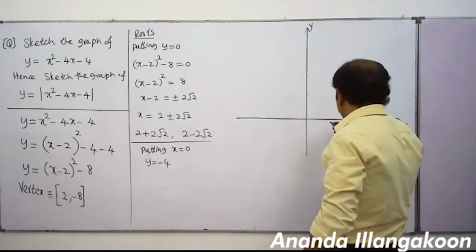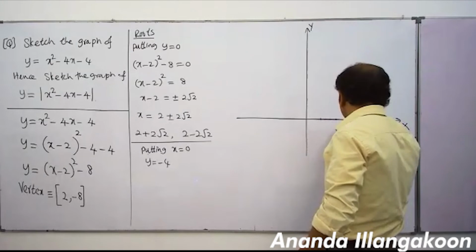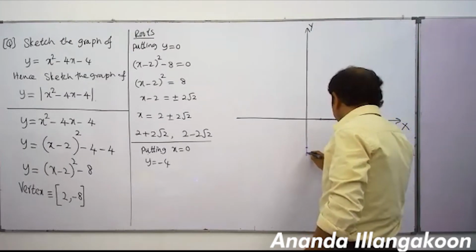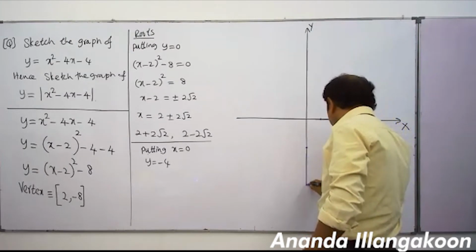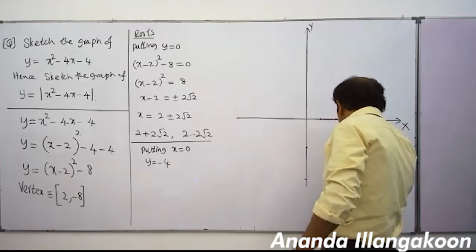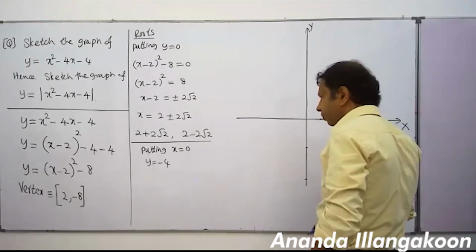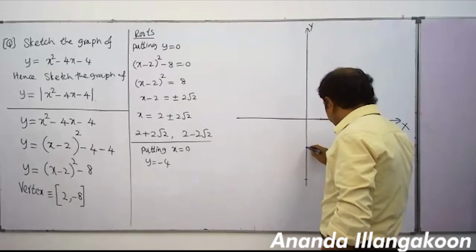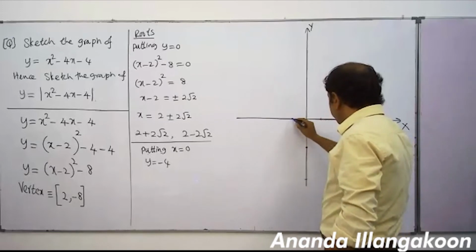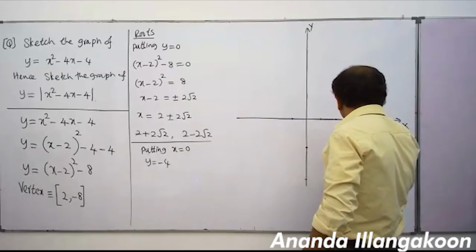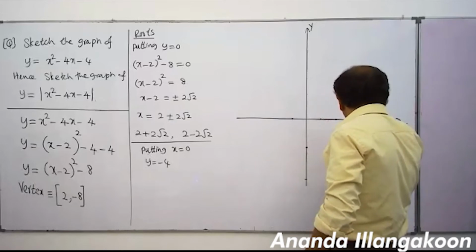Vertex 2, minus 8. Here 1, here 2. Minus 8 here, minus 4. Minus 8 is here. Vertex is this. It cuts the y-axis at minus 4 here. The two roots are, one is here, other one is here. The rough sketch is this.